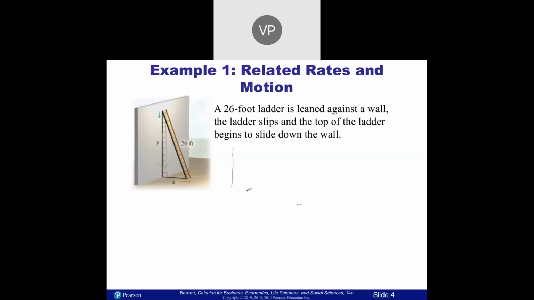So if I look at it this way, here's my ladder, my 26-foot tall ladder. Now, what's happening is the ladder is starting to fall to the point where it's almost hitting the ground, and then at one point it's a 26-foot ladder on the ground like that.